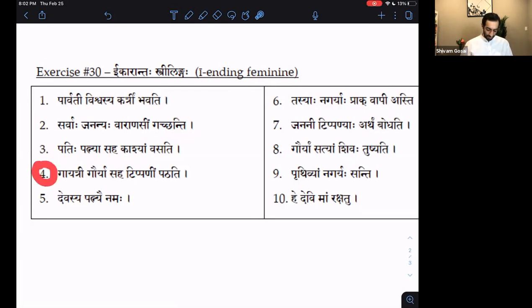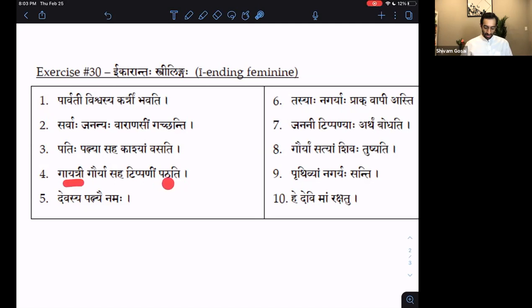Okay, number 4. Gayatri Gaurya Saha Tippanim Patati. Who reads? You have to look for the 1-1. Gayatri reads.